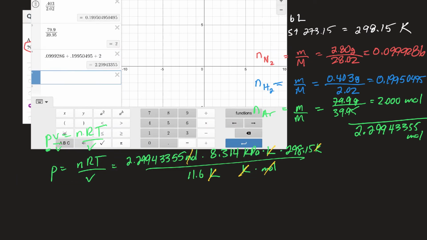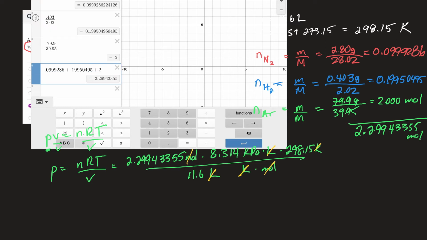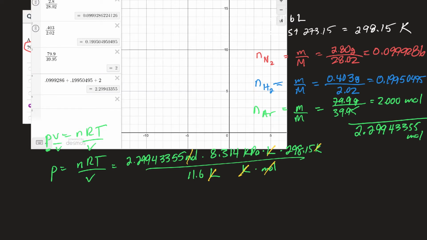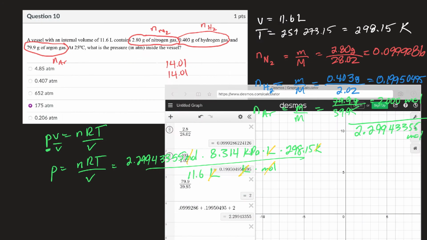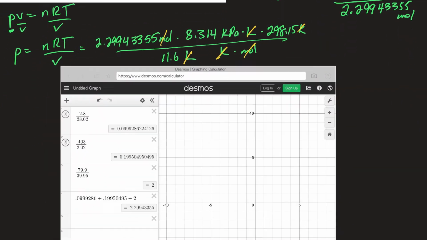Now I have to multiply all that stuff. Let me scroll down a bit.